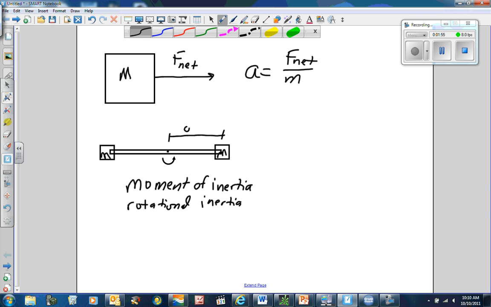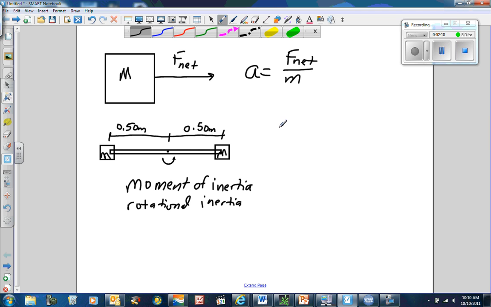So this right here is going to be 0.50 meters, and from the pivot point to this one is also going to be 0.50 meters. Obviously not drawn to scale, but those two are the same if the pivot is in the middle. And it is.